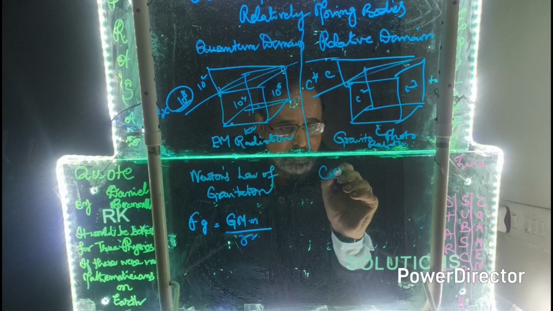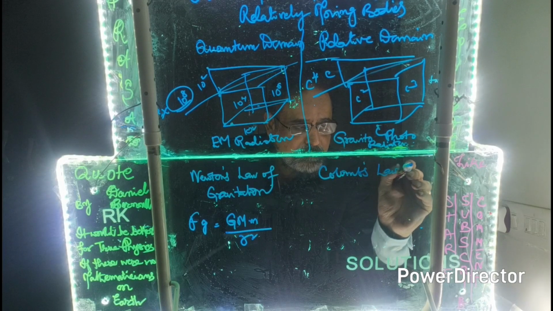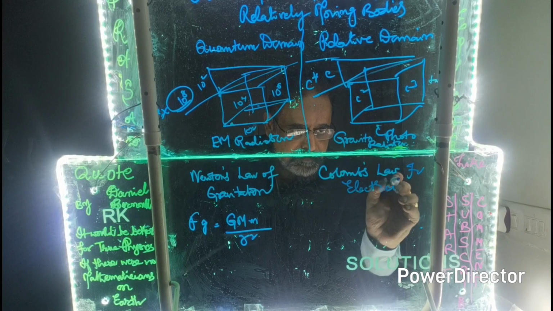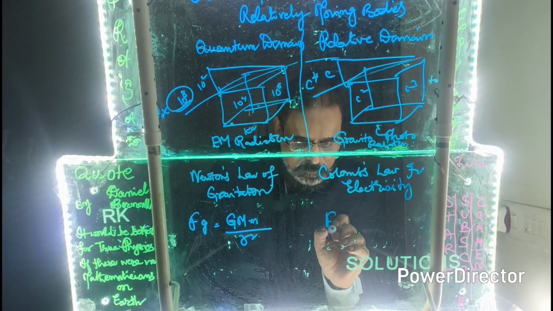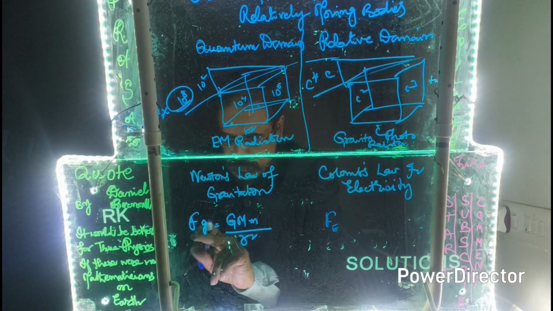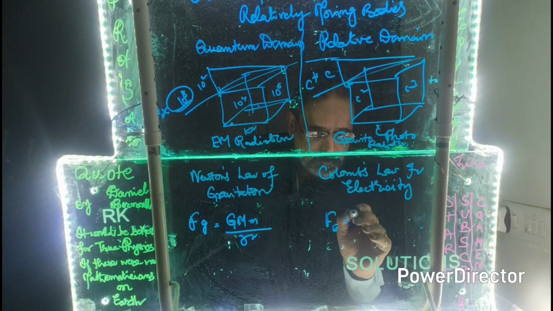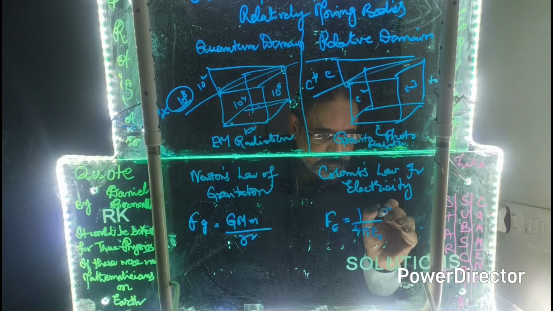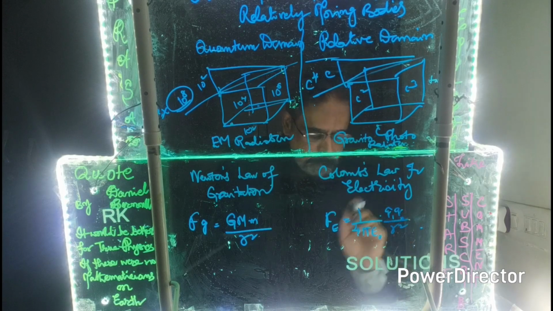Whereas Coulomb's law for electricity, what is Coulomb's law? The electrical force is equal to 1 by 4 pi epsilon naught into Q1 Q2 by R squared.